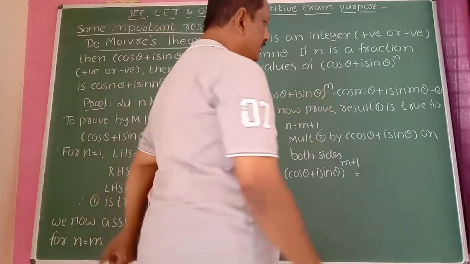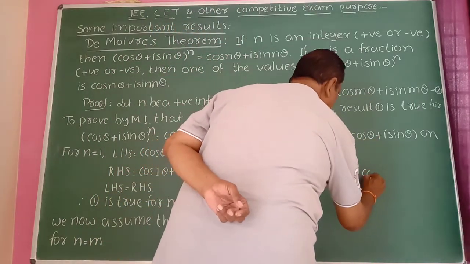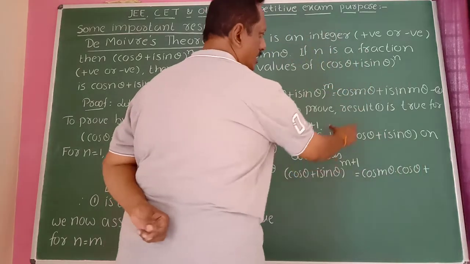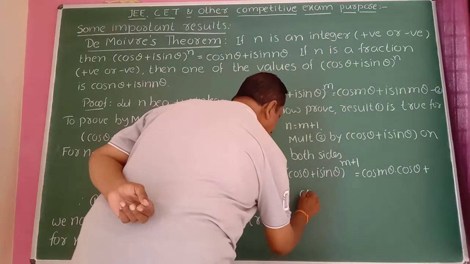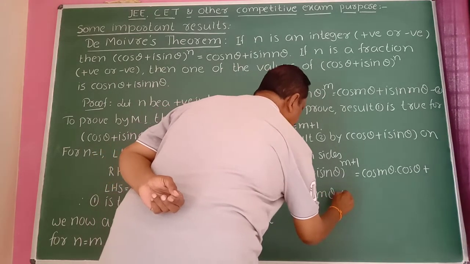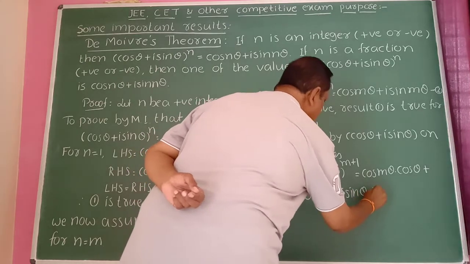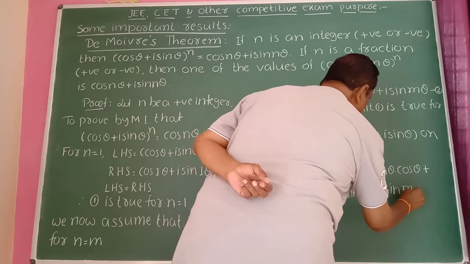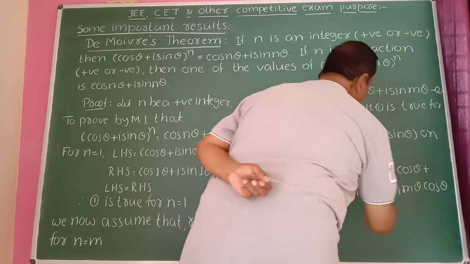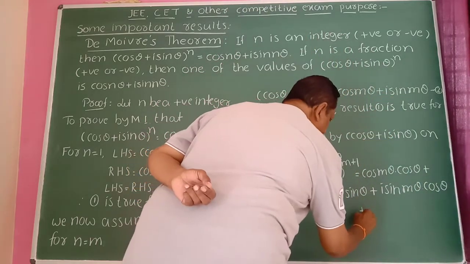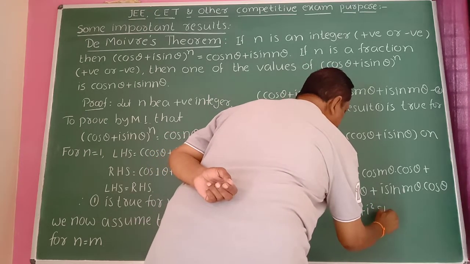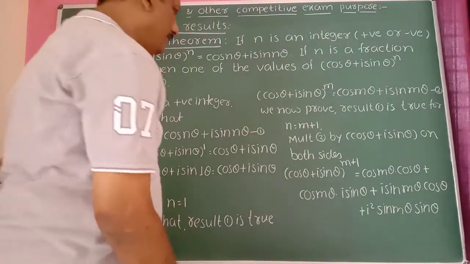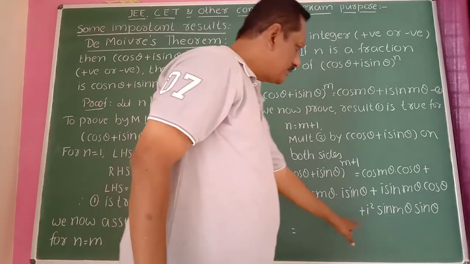Just multiply these results: cos of m theta into cos theta, plus cos of m theta into i sin of theta, then plus i sin of m theta into cos theta, and the product i square sin of m theta into sin of theta. Here you know i square is minus 1.